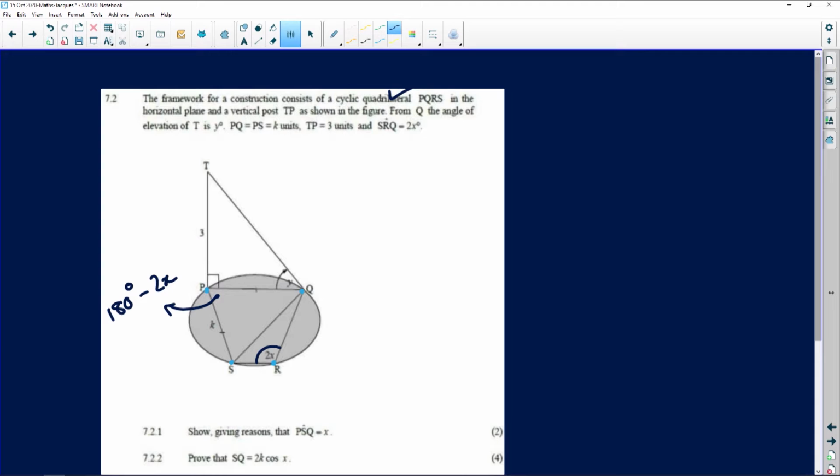It lies in the horizontal plane. There's a vertical post at TP, which is the reason why this is a right angle, because vertical stands perpendicular to horizontals.